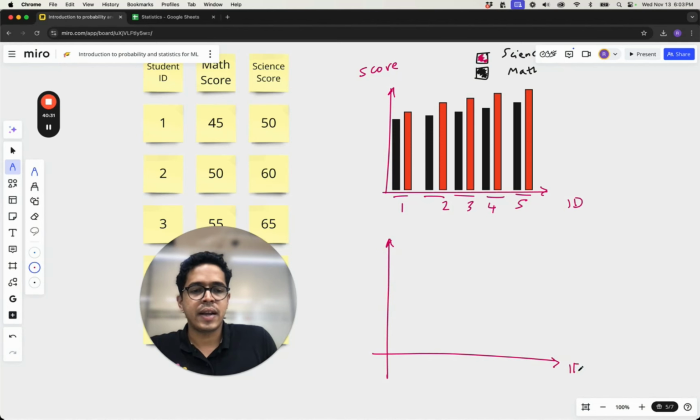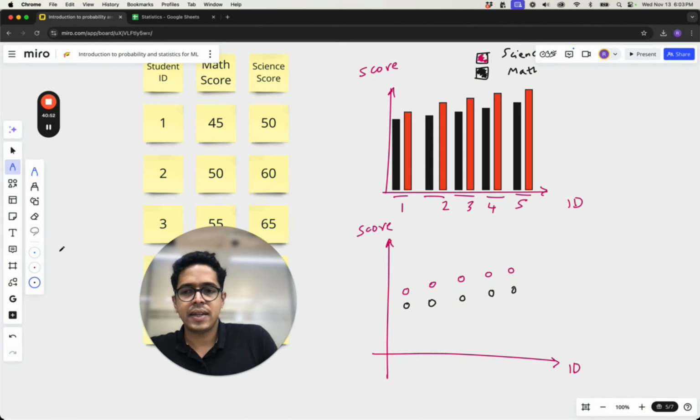So you have ID, you have score, and in all the exams, the science score is higher. So science, I can plot like this. And math is slightly lower. So math is like this.